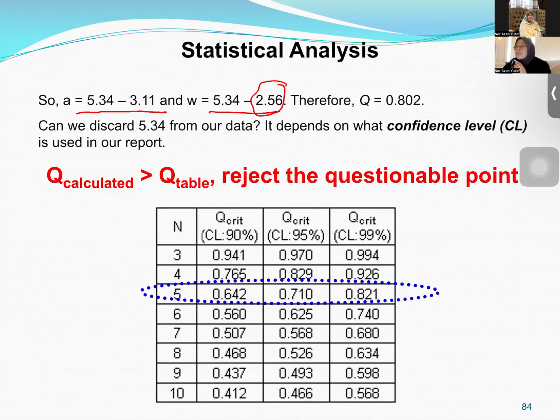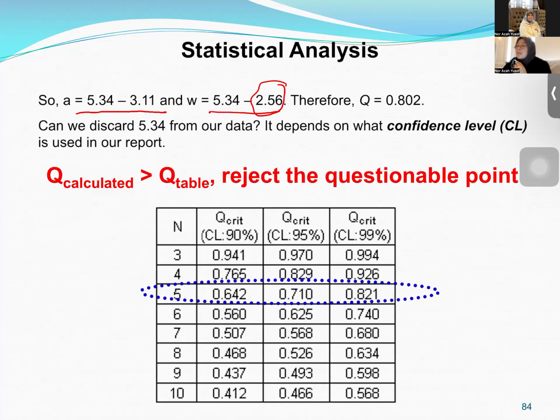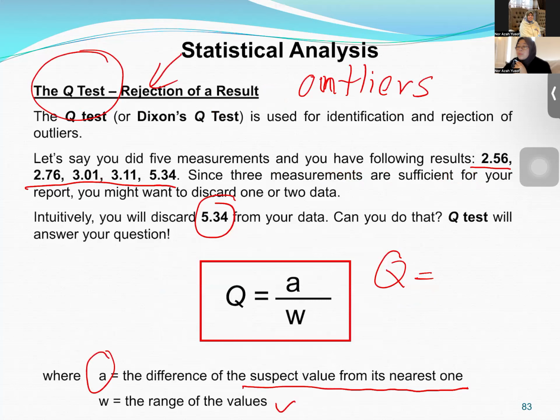So you take A over W, and the Q obtained is 0.802. If you don't get this, it's okay. After this, you can have a look at the question again. It's not that difficult. This is the closest value to 5.34, and this is the biggest difference compared to 5.34. So this is how you get the Q.